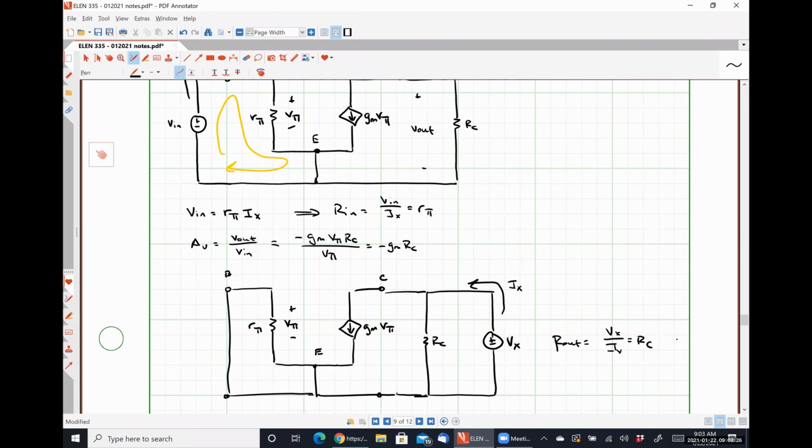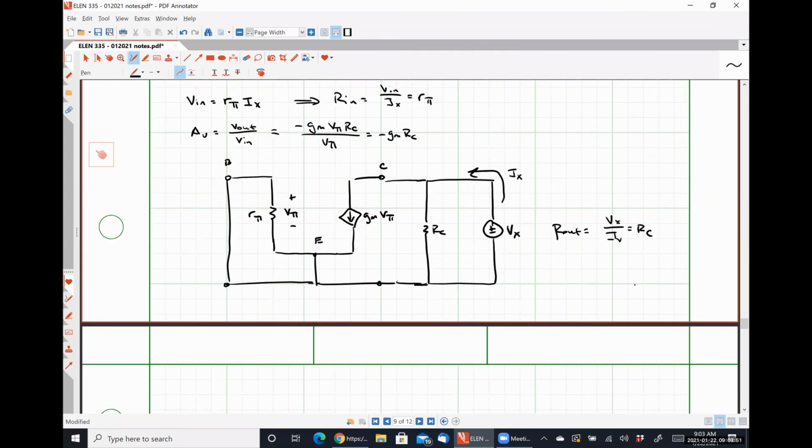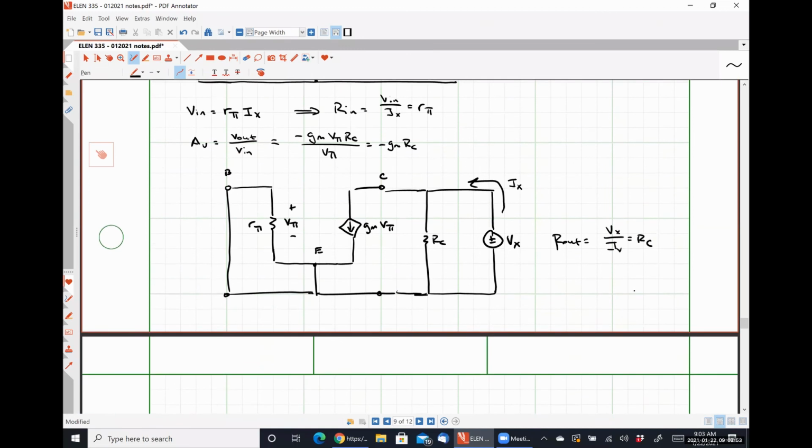So the larger the collector current we have, the higher the voltage gain we have, right? But there's a condition on that, and that is we have to keep our circuit operating in the forward active region. And the larger IC gets, the smaller RC can be to make it still work in the forward active region. The gain also depends on that value of RC. So because of all of these limitations, there is a maximum value for the voltage gain.